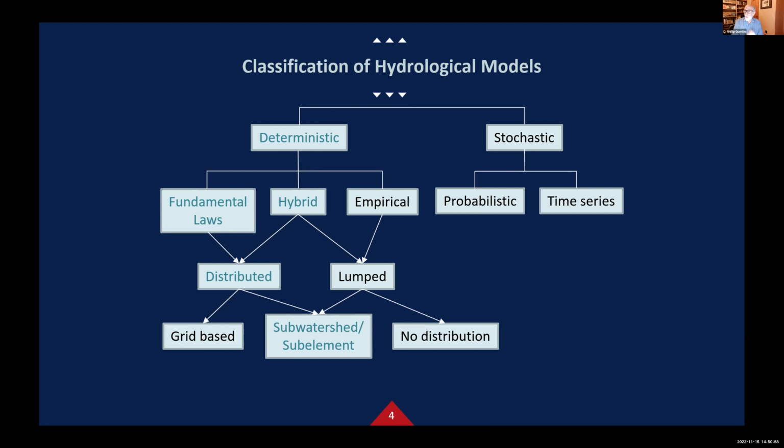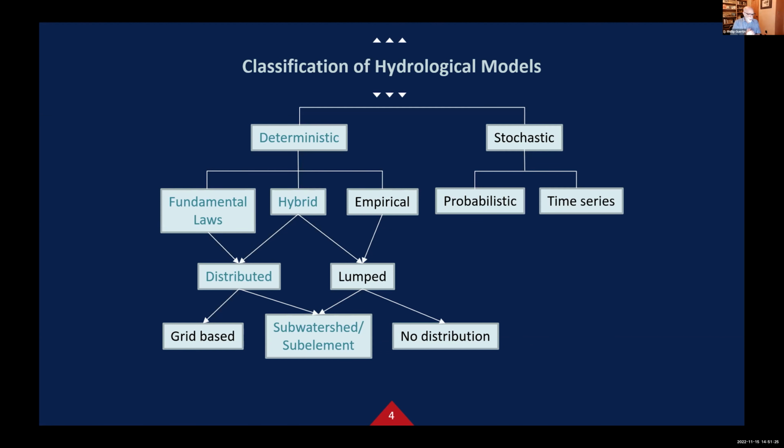Each one of those modeling units can have a different set of parameters. In our case, with KINEROS as well as SWAT, we can also have different channel elements, and each one of those channel elements can have different input parameters. So we're looking at differences in land use, soils, and terrain across the landscape through these different modeling units.